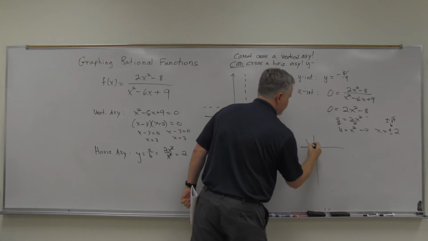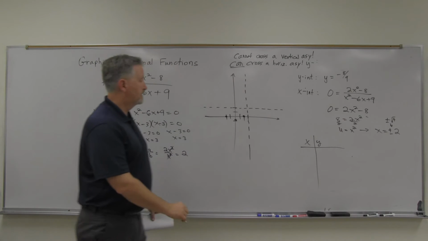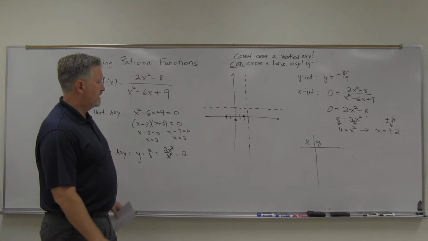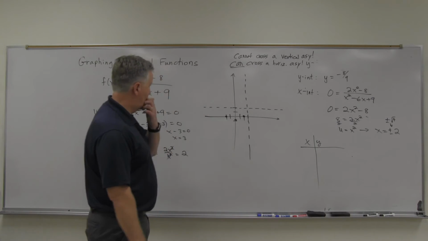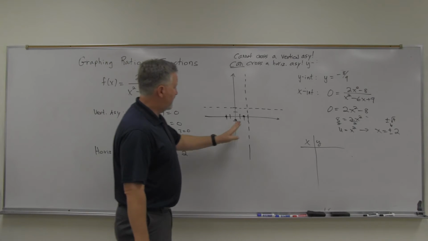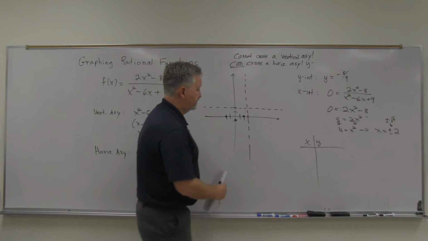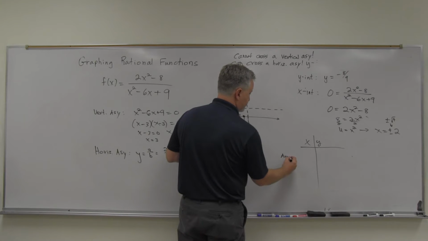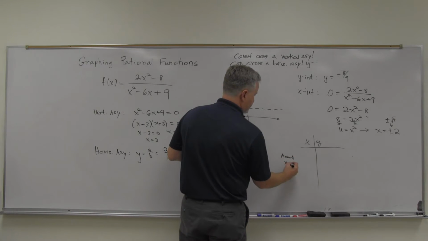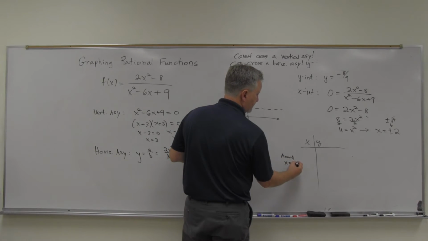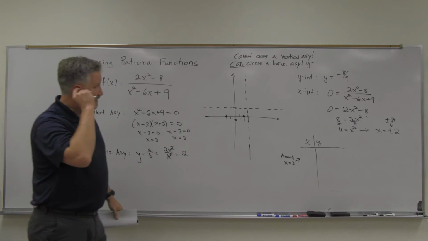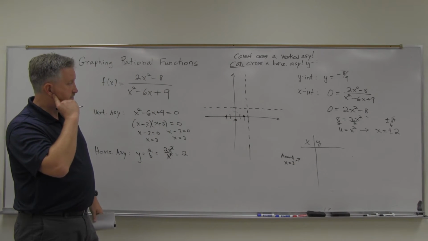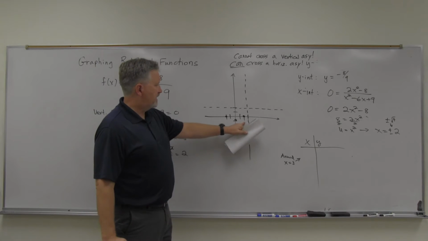Now a little table with values around the vertical asymptote. Around x = 3, sorry, that's what I'm doing for my x values. The vertical asymptote is 3. So I've got 2.